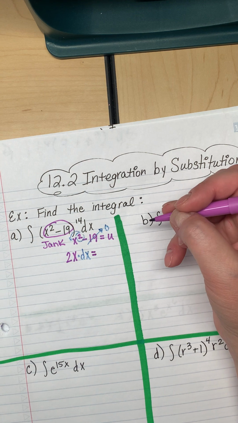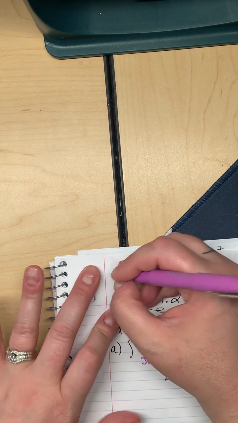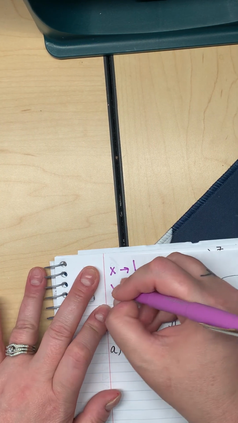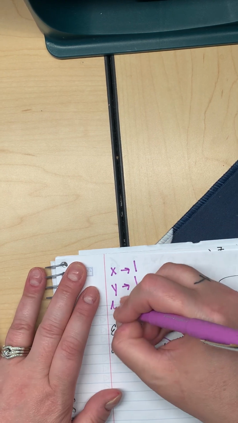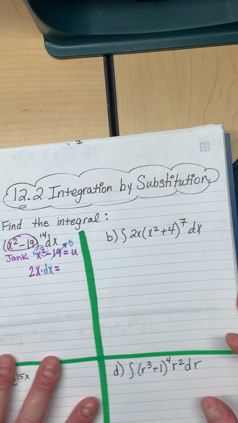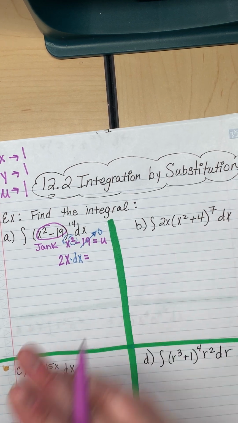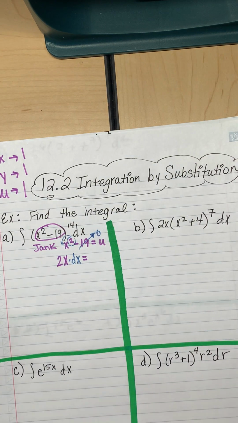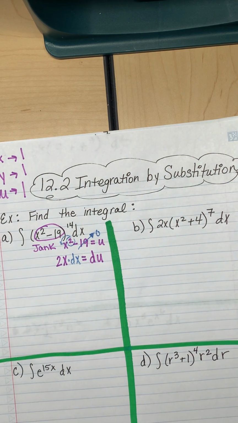The derivative of u is, well, let's see here. What's the derivative of just a x? Is it 1? You're right. What's the derivative of just a y? Is it a 1? You're right. What's the derivative of a u? Is it 1? You're right. Yeah, okay, so the derivative of this u is just a 1. But if you take the derivative of a u, you got to put a du. All right, we're done with step 3.